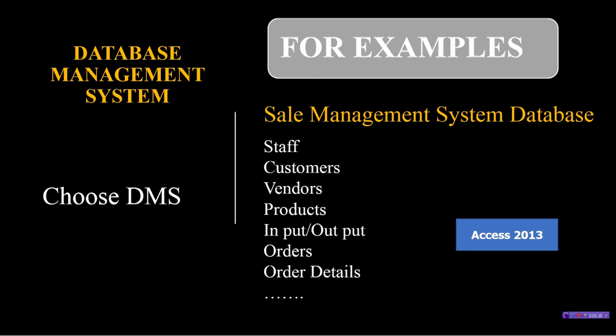For example, we have a table staff, a table customers, a table vendors, table products, input, output, orders, order detail, and so on. So when you design a database, you need to clarify what kind of information and what objects we are going to manage in a database.